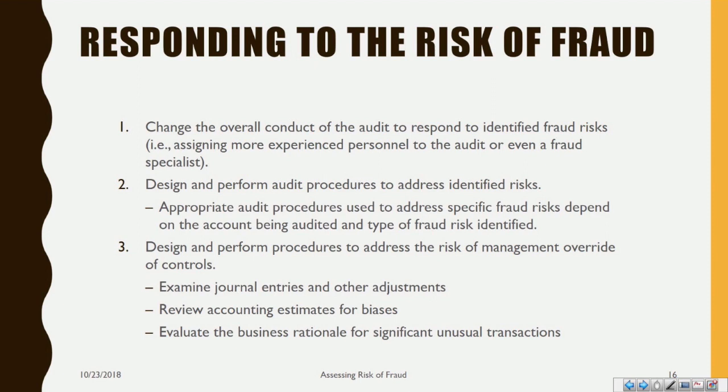Right now, all firms have the ability to examine 100% of the journal entries, to scan the journal entries being made to the general ledger and see if there are any unusual journal entries. For the most part, most of your journal entries you can test as a result of testing internal controls.